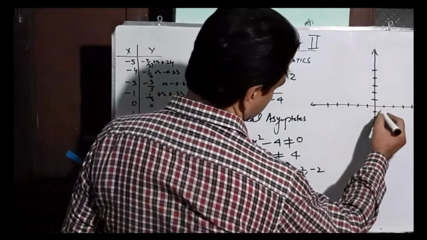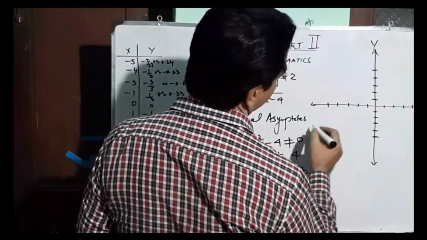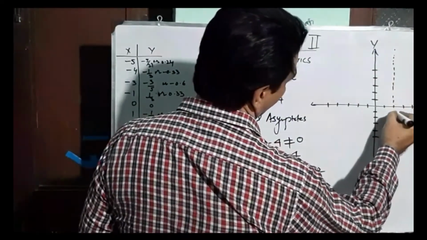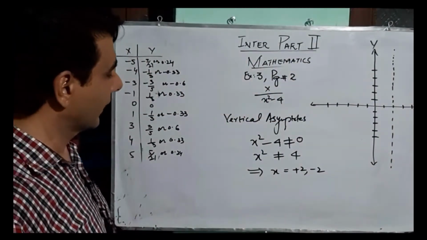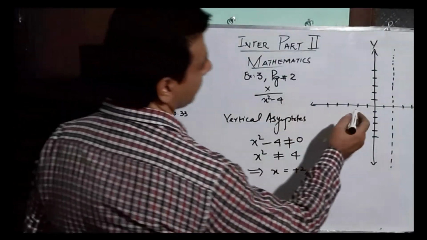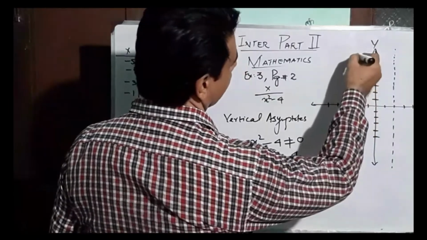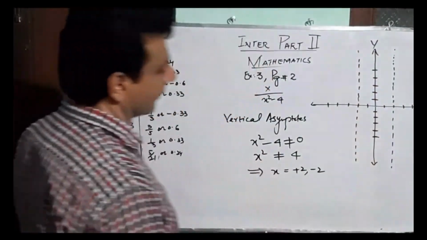This is the x-axis and this is the y-axis. We will draw this asymptote by a dotted line. And the other one is -2. We will move towards the left, 1, -1, -2. Again we will draw a dotted line.